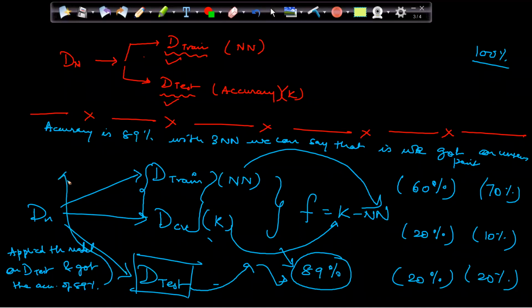That 11% is known as generalization error. That 11% which we are getting is known as generalization error. Okay, that is the entire idea of cross validation.